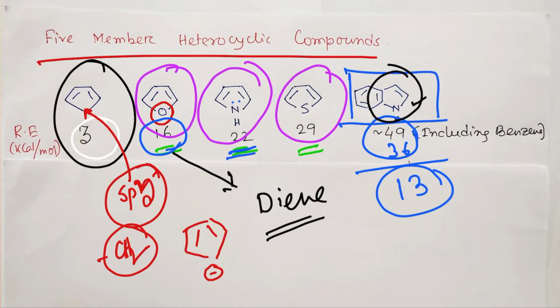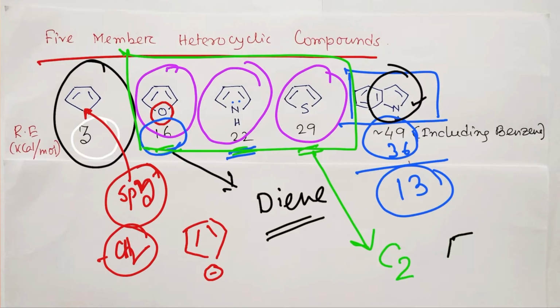Second thing, if you look at the aromatic electrophilic substitution of these three 5-membered heterocyclic compounds, their selectivity is mainly C2. Because after aromatic electrophilic substitution, the cation, you may consider this X, this is E, is further resonance stabilized by the second double bond, whereas in indole, in this case the double bond means the benzene nucleus, so the aromatic stability of that benzene will be hampered.